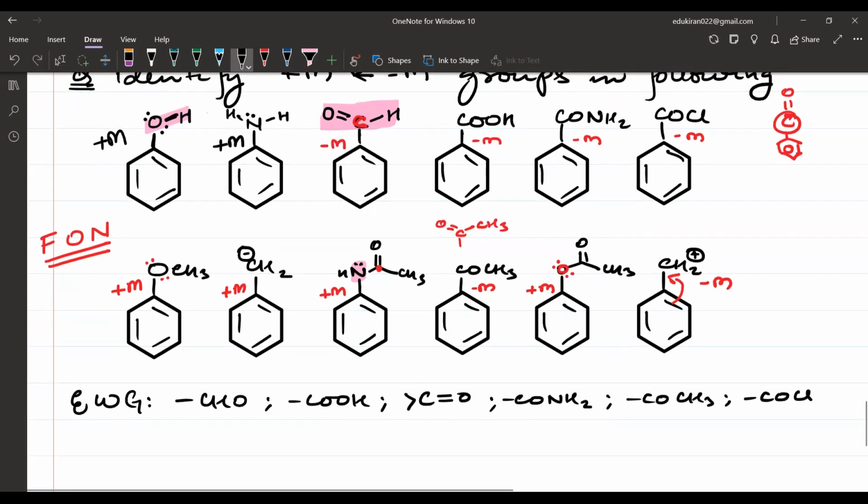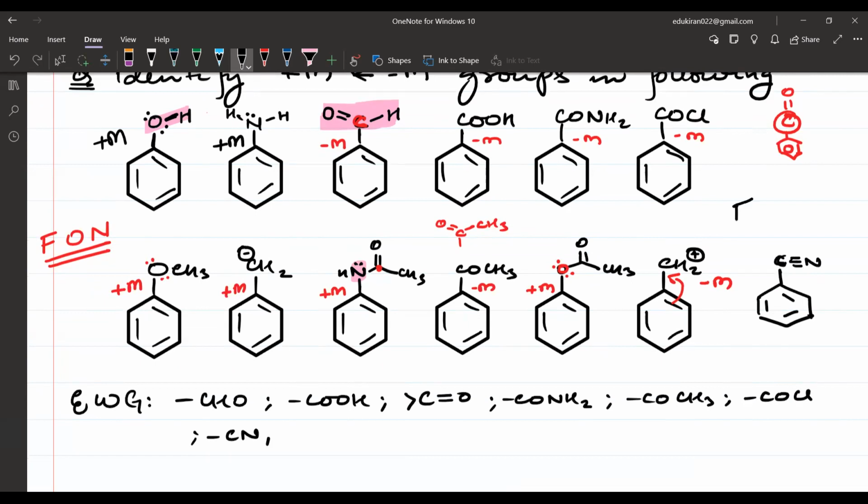Yes, and there could be other cases, for example you have C triple bond N, a nitrile group, okay? So in this nitrile the key atom is a carbon atom connected to nitrogen with a multiple bond. So here you will have CN.